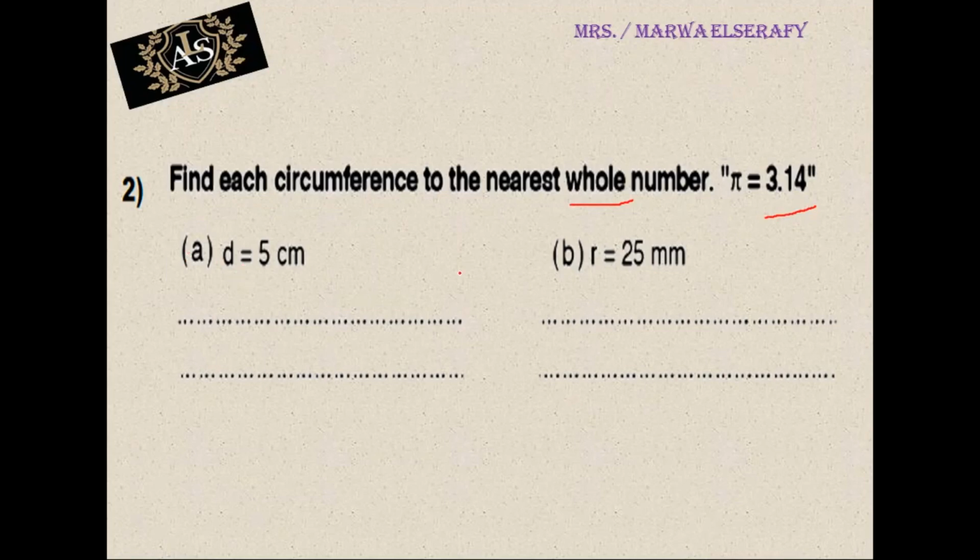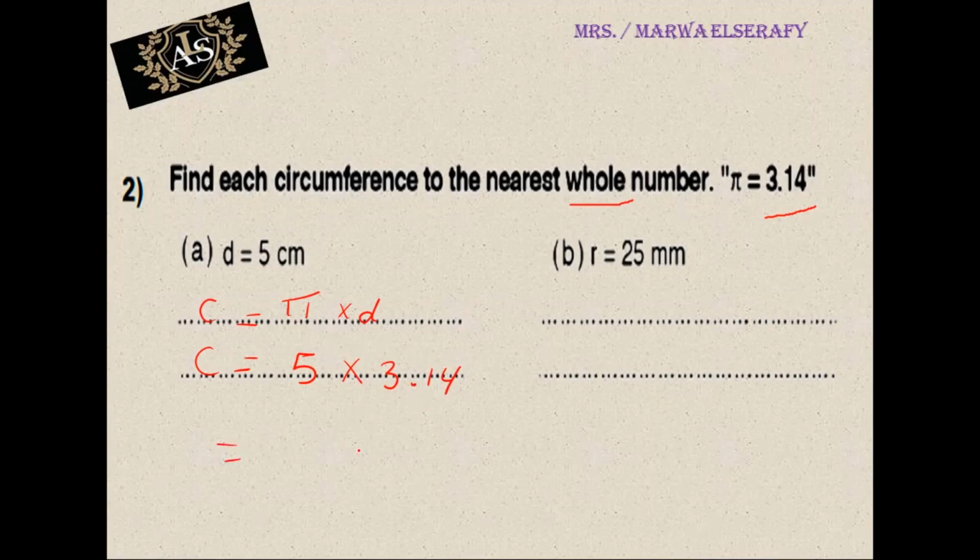And he gives me the diameter. So I will use the circumference according to its diameter. I will write the rule. C equals pi times d. C will be equal pi, which equals 3.14, times d, which equals 5. You can use your calculator, okay, and you can make it by hand.